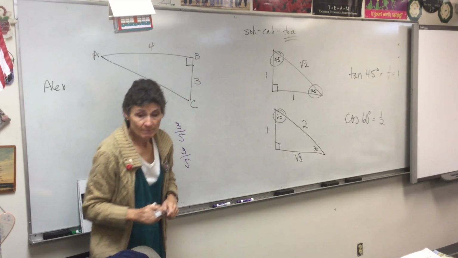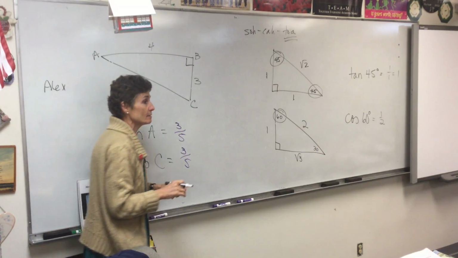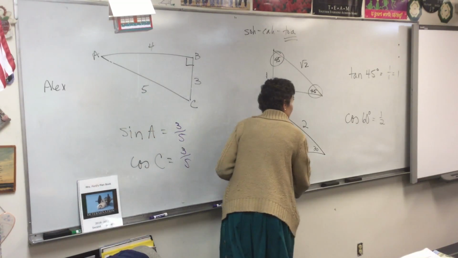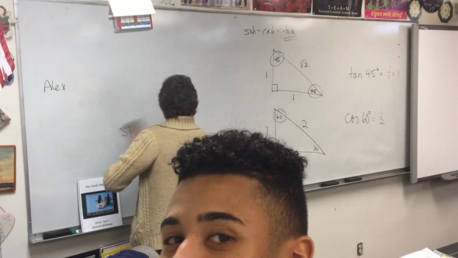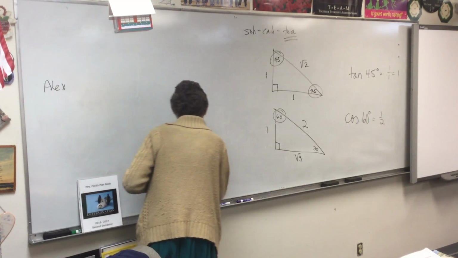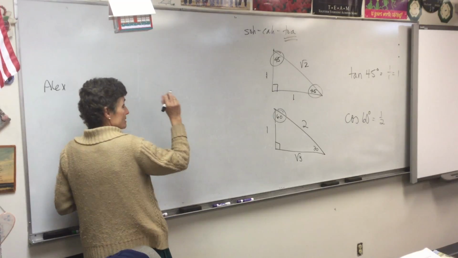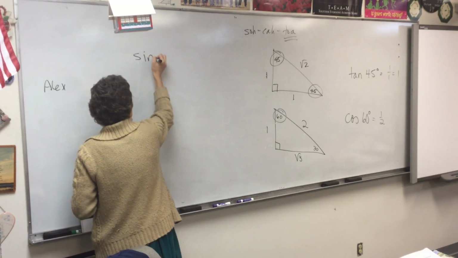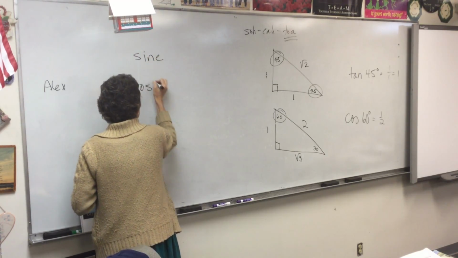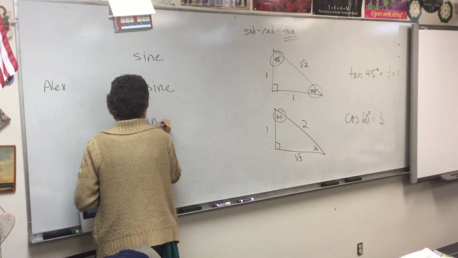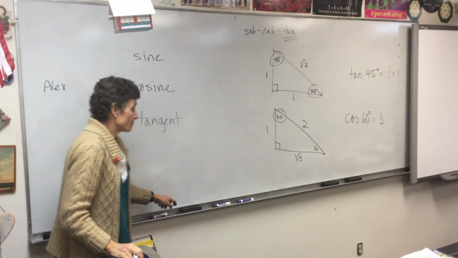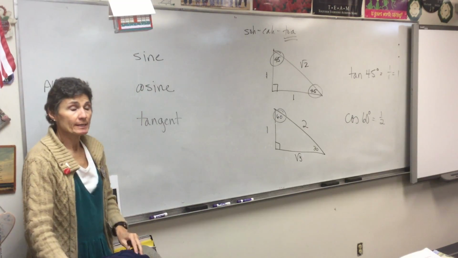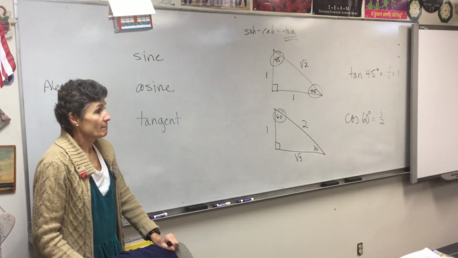All right? And then there's one more big thing that you have to memorize. We've got these main functions, sine, cosine, and tangent. But there are actually 3 more trigonometric functions.